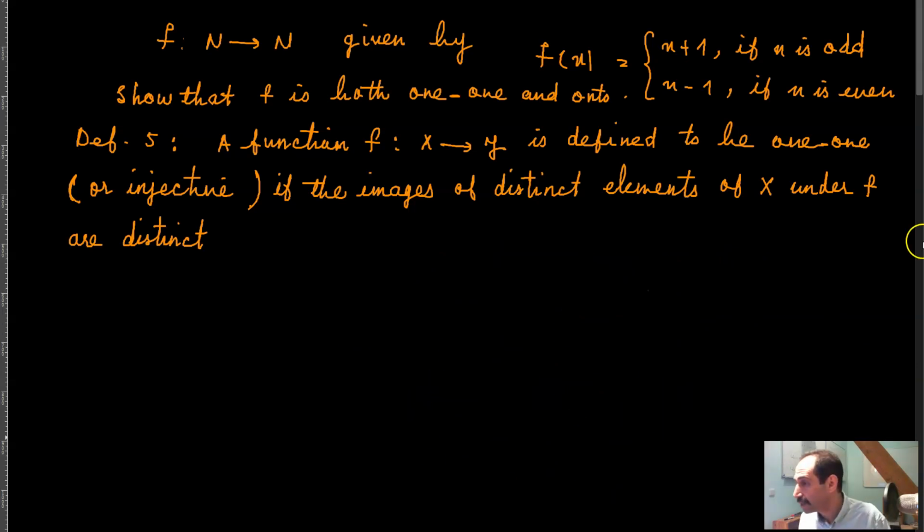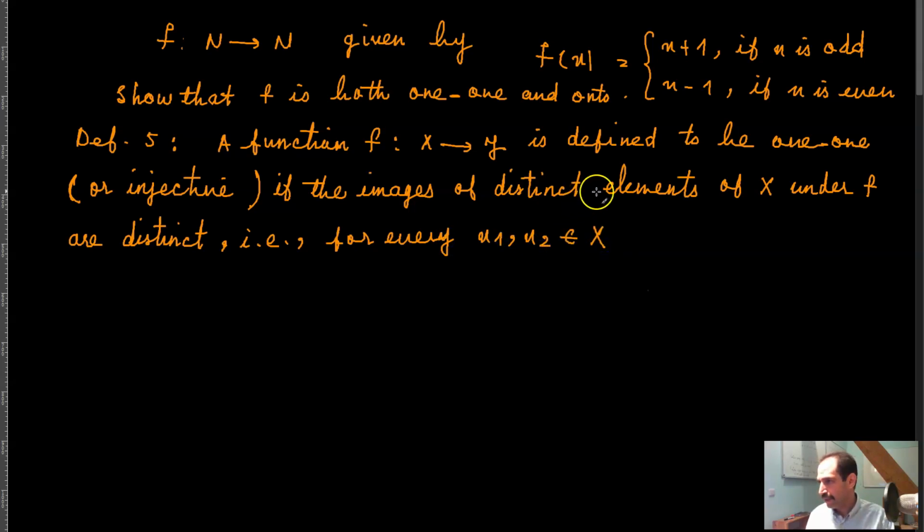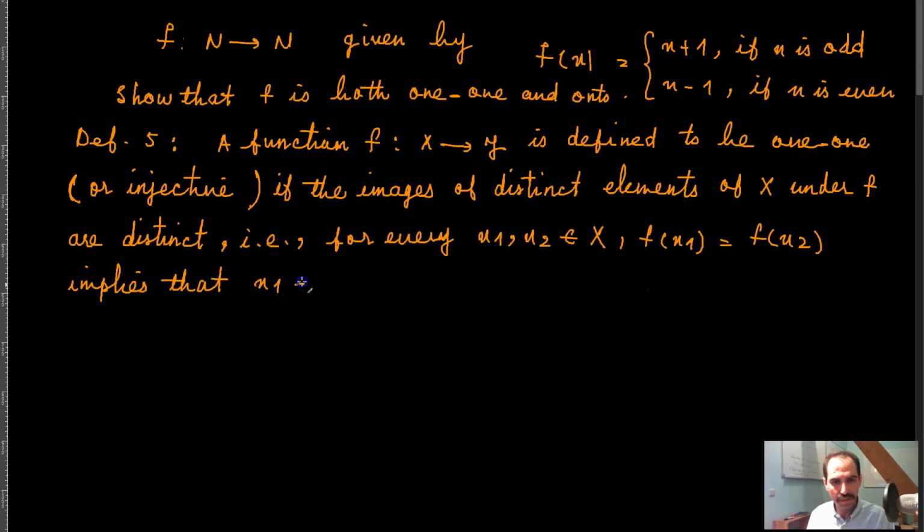And we also said that you can say that for every x1, x2 belonging to x, f of x1 is equal to f of x2 implies that x1 is equal to x2, right? x1 is equal to x2.